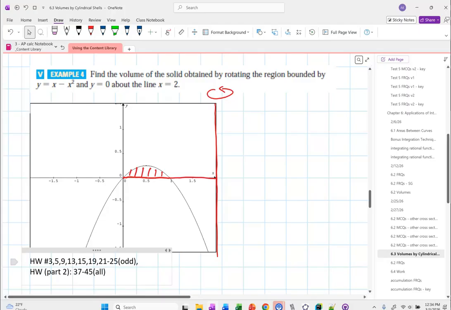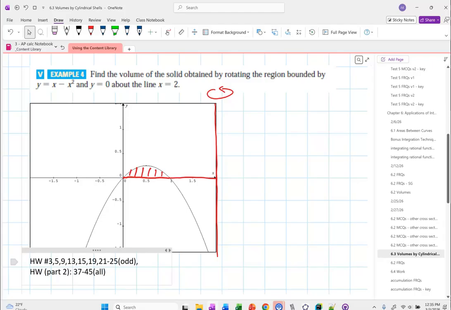This is a canonical example of a problem that you would want to do using a shell as opposed to a disk or a washer. The reason is, if I try to draw my inner and outer radius from the axis of rotation, they're both on the same curve, right? When my curve is not 1-to-1 in the direction that I'd be slicing, boy, I want to do a shell.